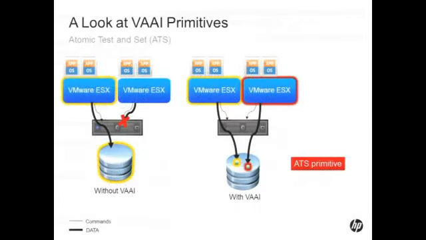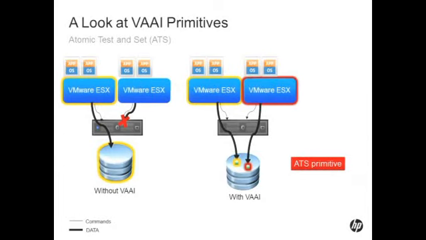Okay. So here's a pictorial representation of what I spoke about for atomic test and set. On the left here is a very simple example showing two ESX servers sharing the same LUN. Without VAAI, because you use SCSI-2 reservation, it will require you to lock this LUN from concurrent LUN access.